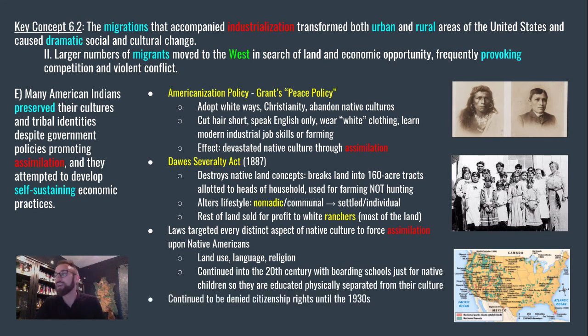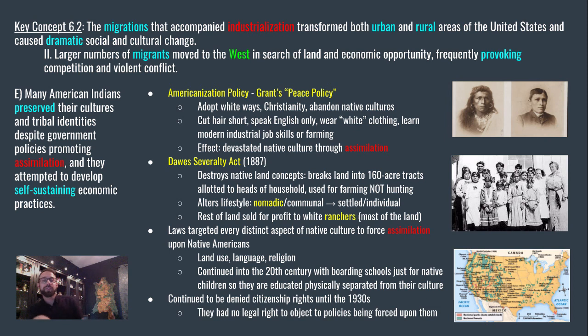Okay, and on top of all this, they were denied citizenship. Remember, Lone Wolf versus Hitchcock defined natives as wards of the federal government, which means that they didn't have citizenship rights until the New Deal in the 1930s, when there's an act of Congress that looks to reverse these past injustices. So what this lack of citizenship means is they had no legal right to object to having assimilation forced upon them.